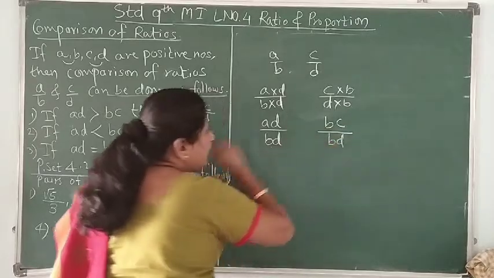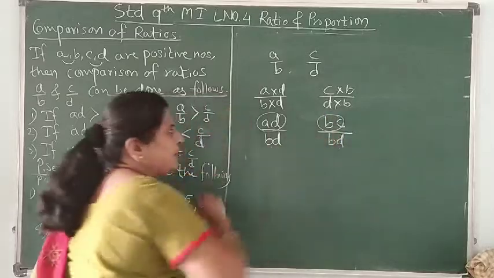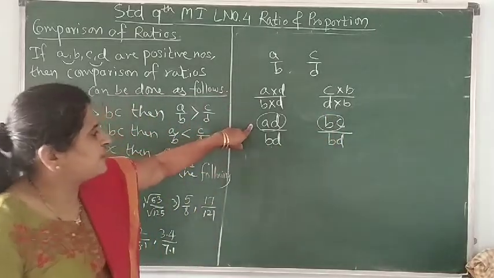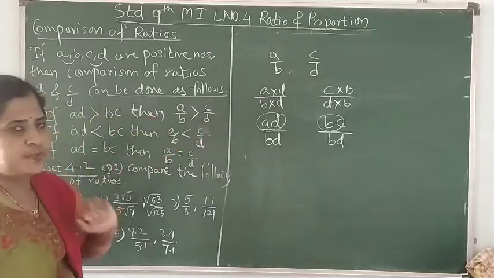When the two denominators are equal, we just compare the numerators. So when the first product AD is bigger than the second, the first ratio is bigger.